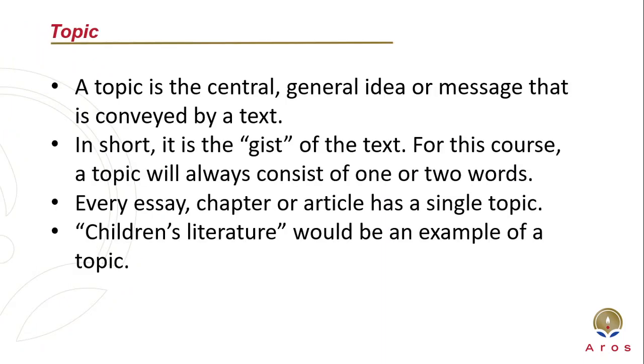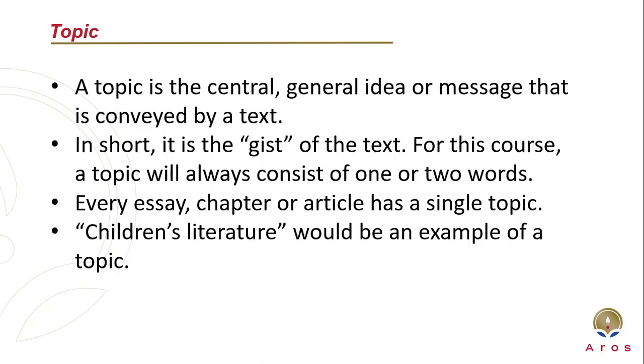Okay, the way we start planning obviously is very obvious because it's not the first time that you have written a story, is by looking at your topic. This is also something that you'll probably have seen in the module Akach. So the topic gives you the central general idea, okay? It's the gist of the text. And what you should look for in a topic is to summarize in its purest form what the text is about.